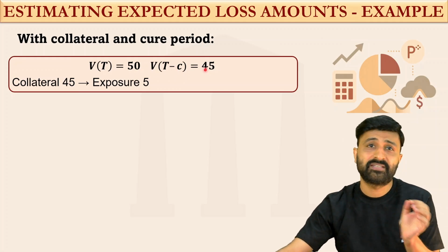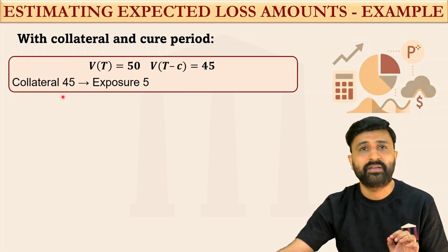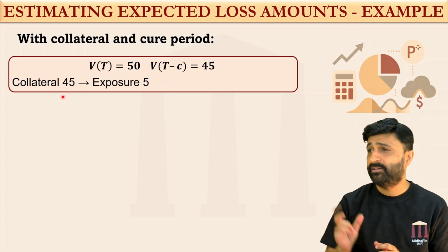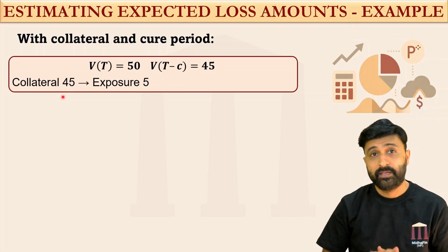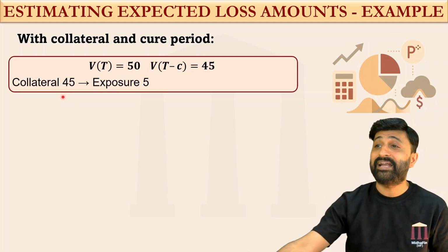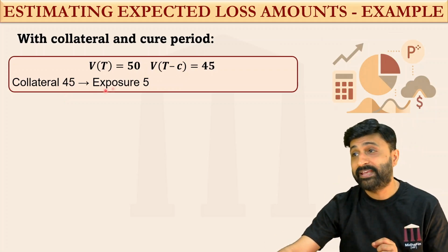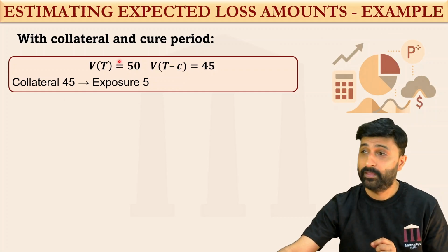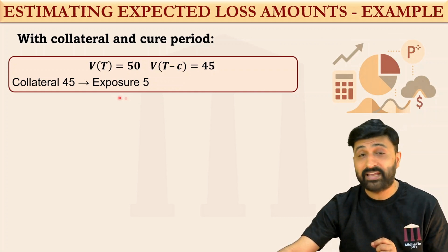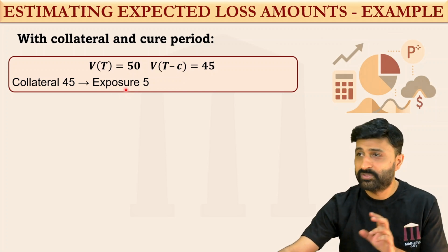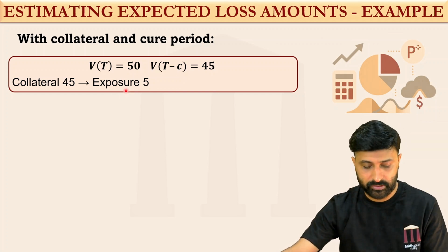So the cure period is 20 days, and this earlier value 45 represents the collateral already posted by the counterparty when the default occurs. So if the counterparty defaults at time t, the bank holds collateral of 45 while the exposure has now risen to 50, which means that the uncollateralized portion is 5, and this becomes the bank's exposure, which is the part it stands to lose in case of default.